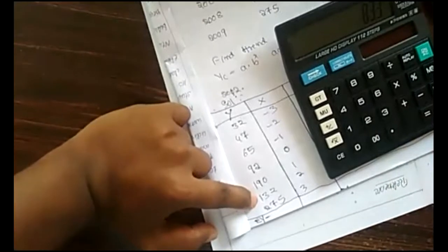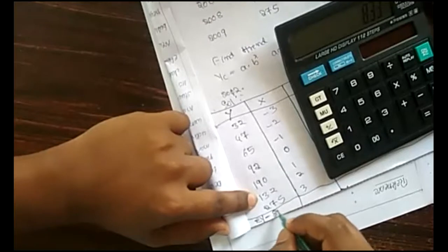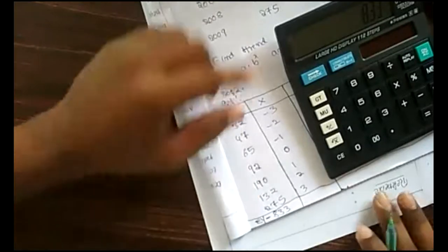The value is 833. So the total sum of y is 833, correct?